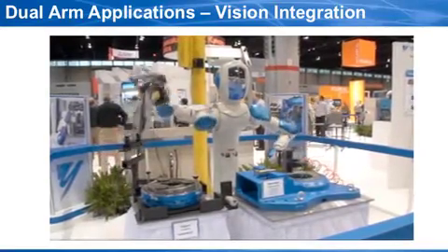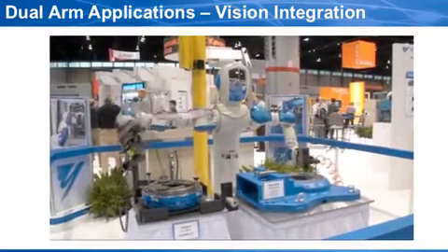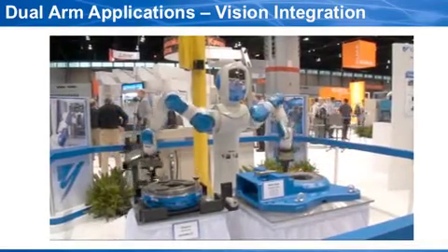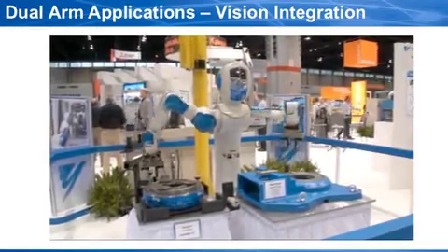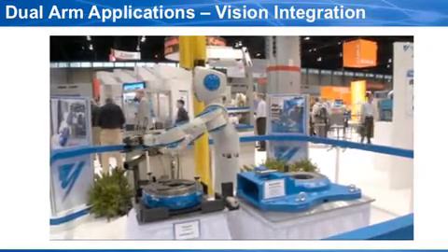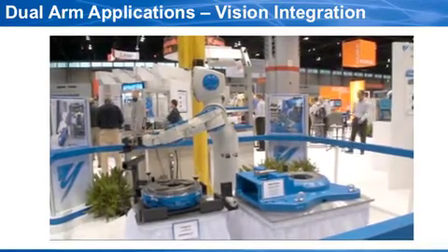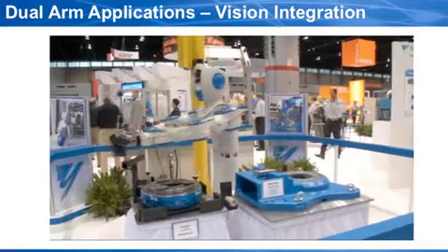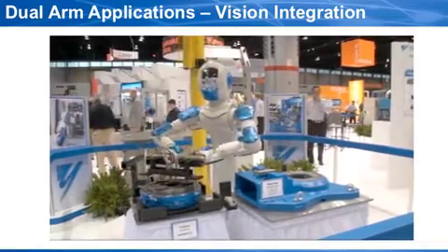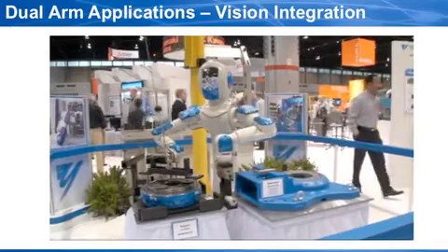You see the robot will pick it up, scan the part, and then set it down, and now the robot can pick up the part and deal with it adequately. We have integrated vision to dual-arm robots because as you put robots in more operations that were formerly done by people, you need to augment the robot's capabilities in terms of sensing.